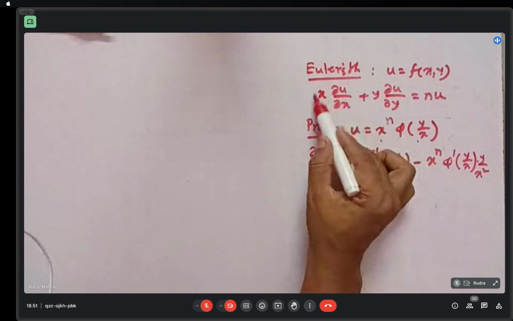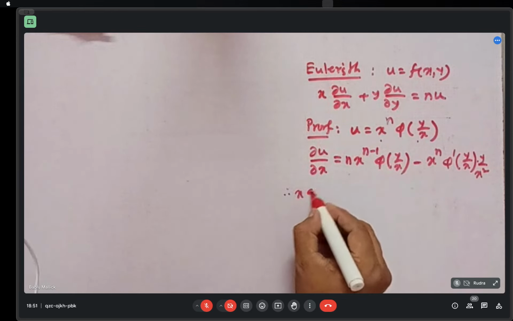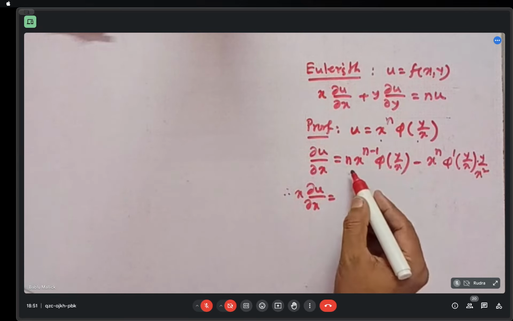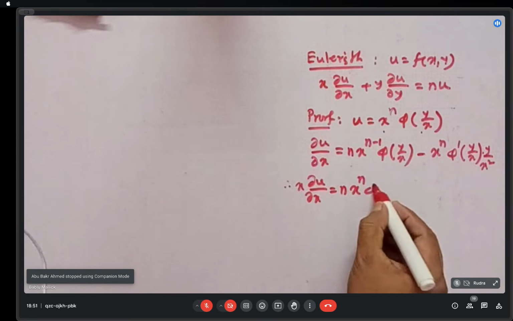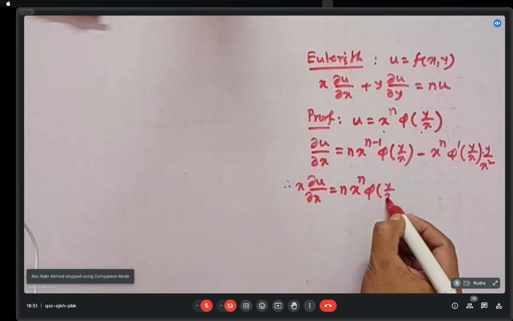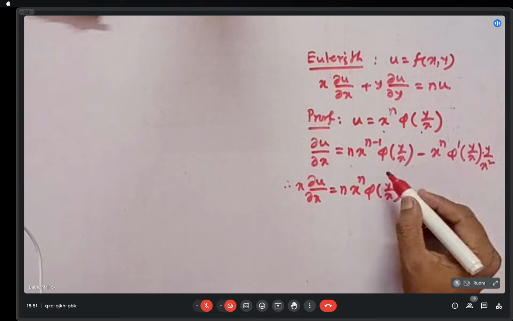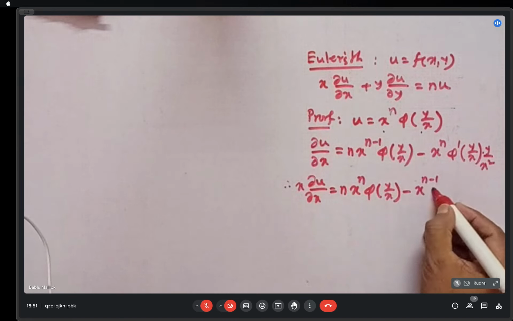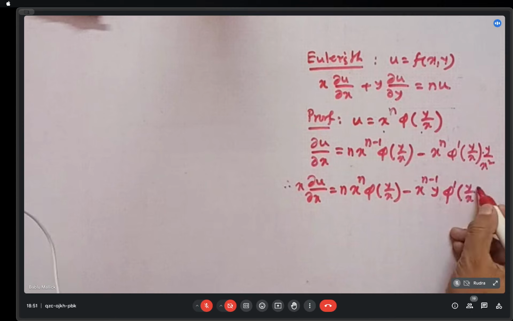I need x into del u del x, so x into del u del x is equal to n into x to the power n into phi y by x minus, multiplying by x, x to the power n minus 1 into y into phi dashed y by x.